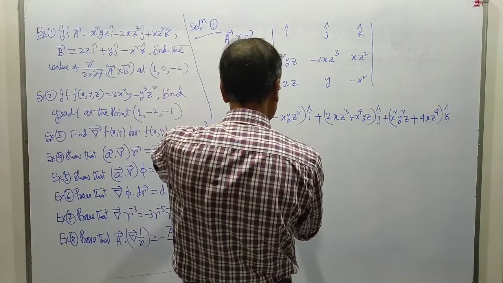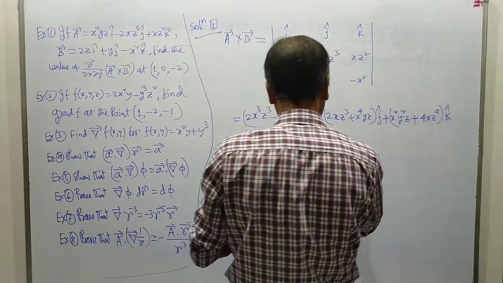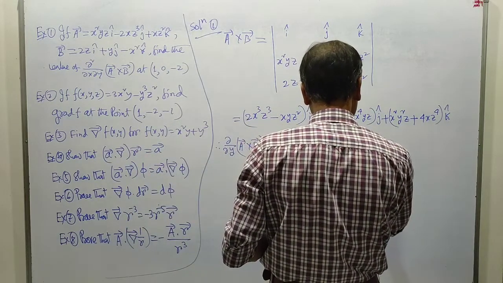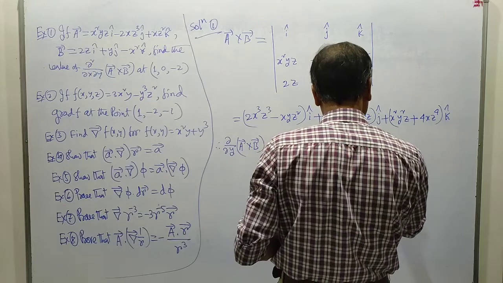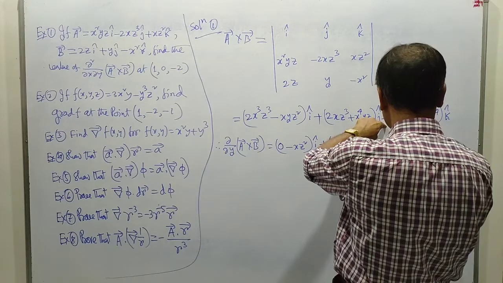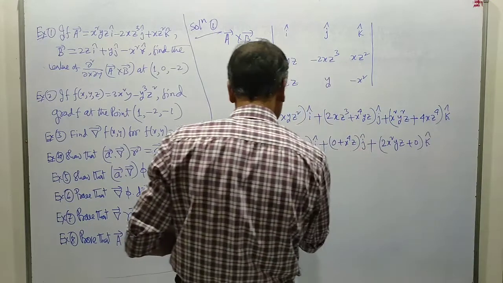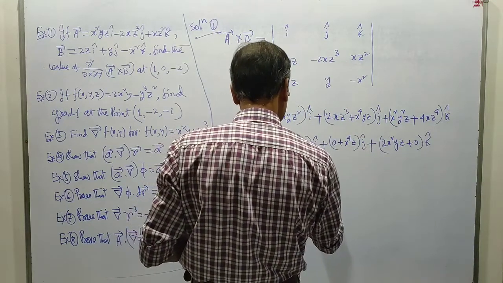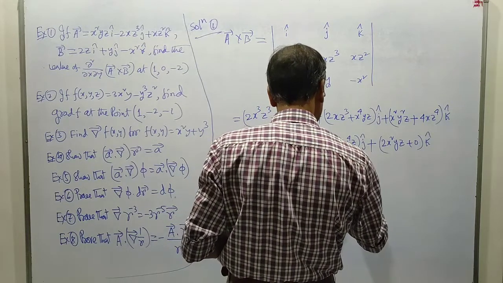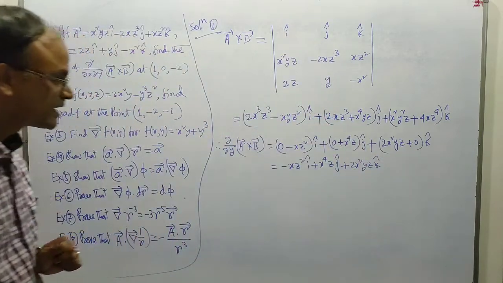It will be 0 minus x z square i cap, plus with respect to y it is 0 plus x to the power 4 z j cap, plus with respect to y it will be twice x square y z plus 0 k cap. This is equal to minus x z square i cap plus x to the power 4 z j cap plus twice x square y z k cap. You will get this one.